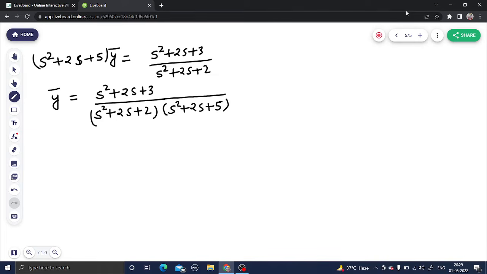So if we take inverse Laplace transform on both sides, Laplace inverse of Laplace of y, so that will give you y only, equals to Laplace inverse of this whole thing.